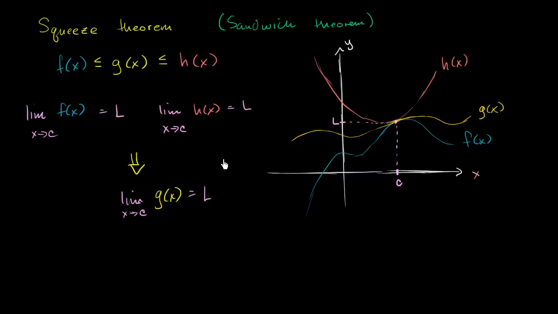Well, as you'll see, this is useful for finding the limits of some wacky functions. If you can find a function that's always greater than it and a function that's always less than it, and you can find the limit as they approach some c, and it's the same limit, then you know that that wacky function in between is going to approach that same limit.